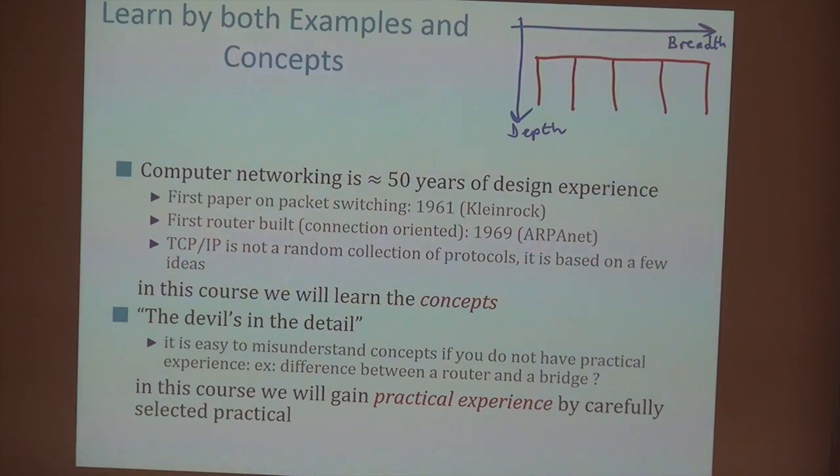TCP and IP were defined in 1974. The first routers were built a bit before, with a variant that was a bit different. But since 1974, there has been only anecdotal change, with one major change, which is the introduction of congestion control that we will discuss in detail later.